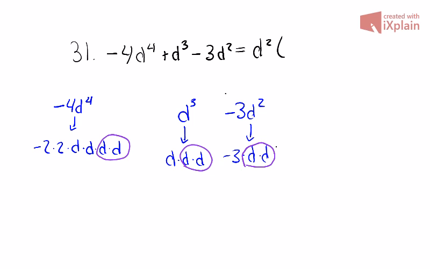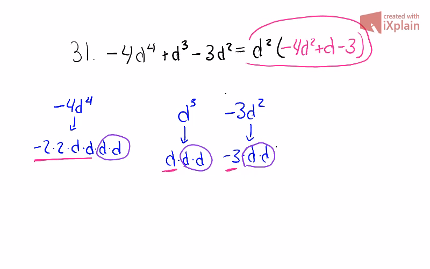And what do I have left over? Well, for my first one, I have a negative 4 d squared. From my second term, I have just 1 d. And from my last term, I have a negative 3 left over. So my factored form would be d squared times the quantity negative 4d squared plus d minus 3.